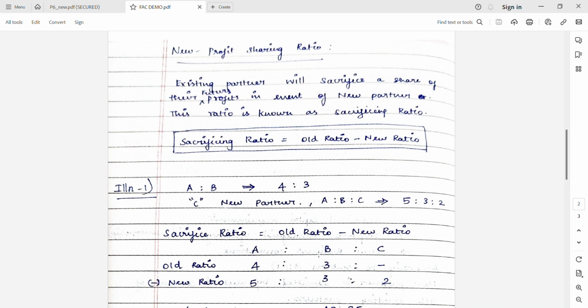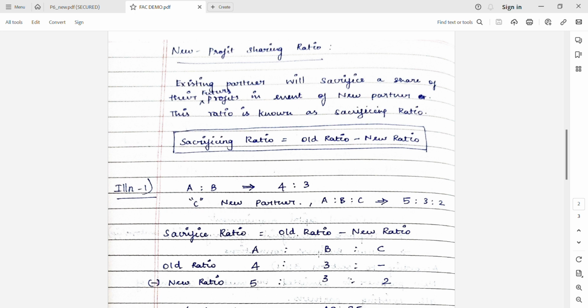So what is the sacrificing ratio? As I said before, the existing partners will sacrifice their share in the future profit to the new partner. In the event of admitting the new partner, the existing partners will sacrifice their share of profit in the future. Those partners are known as sacrificing partners.